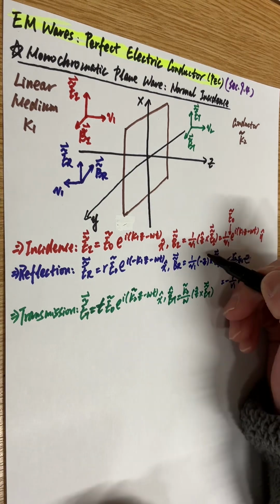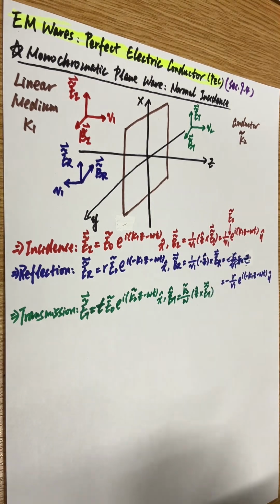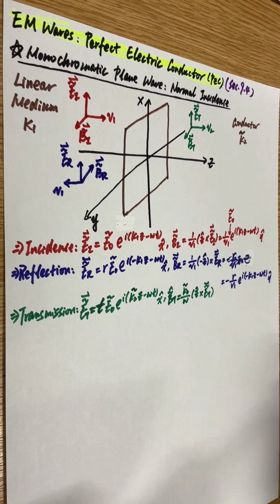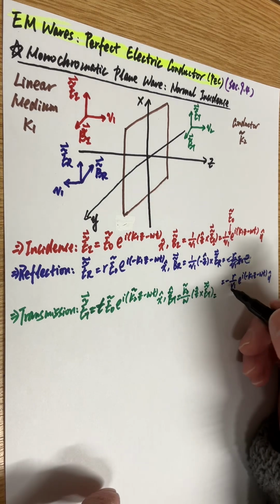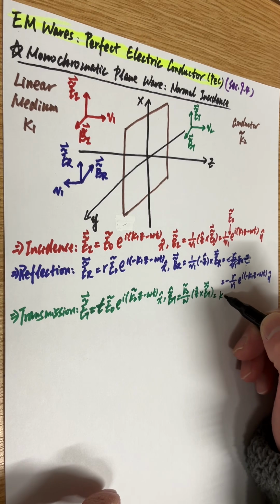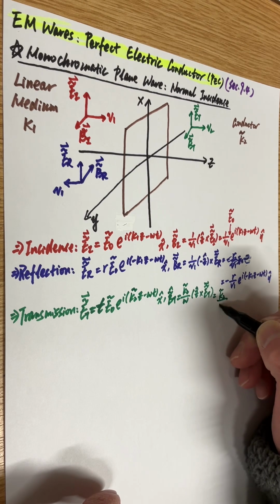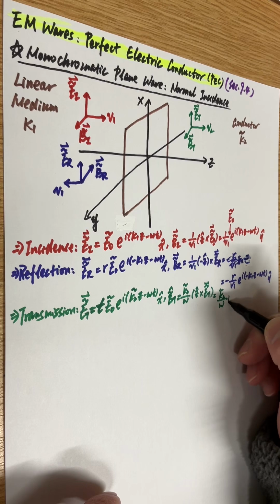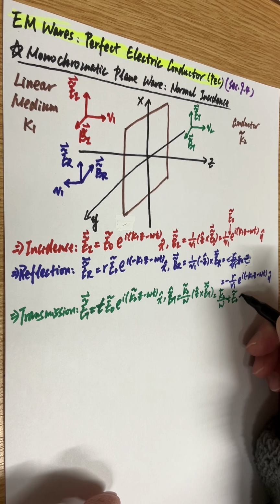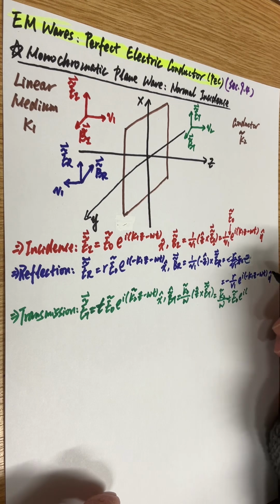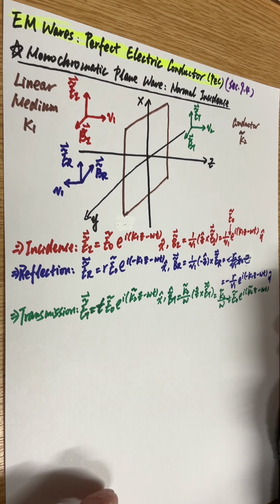Forgot something here. This is direction. So this equals to complex valued kappa 2 divided by omega, and then T, E0, and then EI, kappa 2 complex valued z minus omega t.